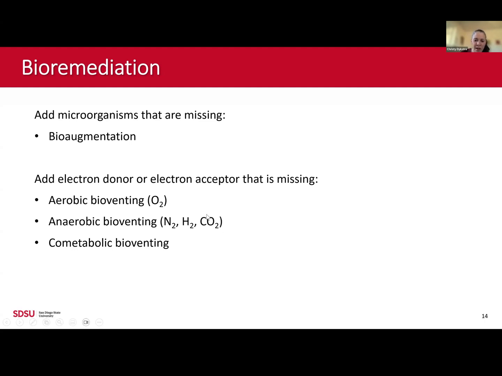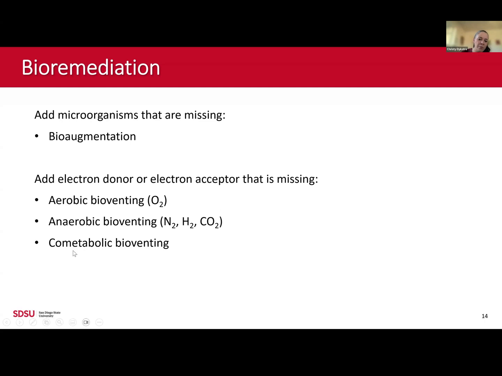And then carbon dioxide could be something that might be needed in some cases, especially if it's autotrophic growth that requires carbon dioxide for cell building. But again, that's not as frequent as something like aerobic bioventing, which just speeds up a lot of the aerobic processes.